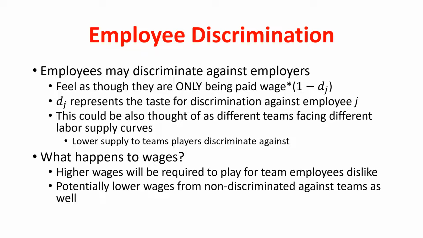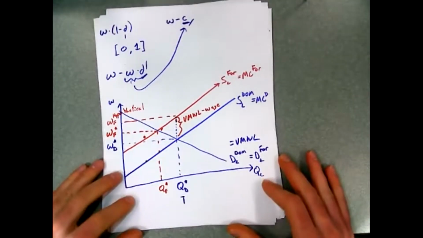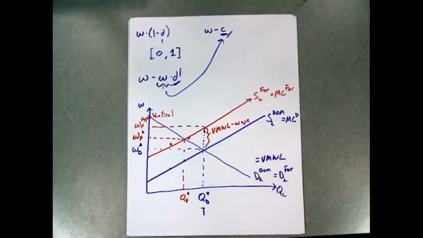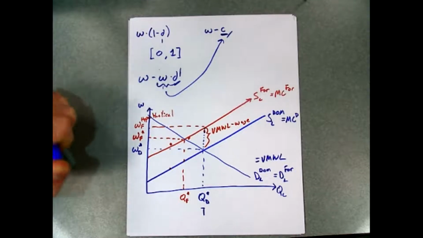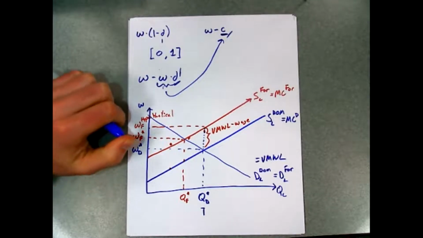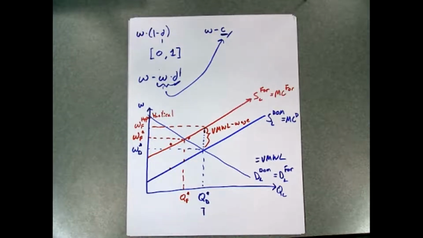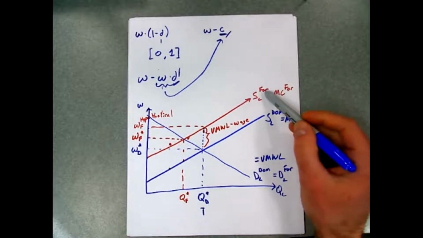Oh, I didn't mention this, so I'm glad I put that bullet point in there. So if we go back here to the scenario where we just had same quality players, one's discriminatory, one's not, what happens if there's only one team out there that doesn't have any foreign players?